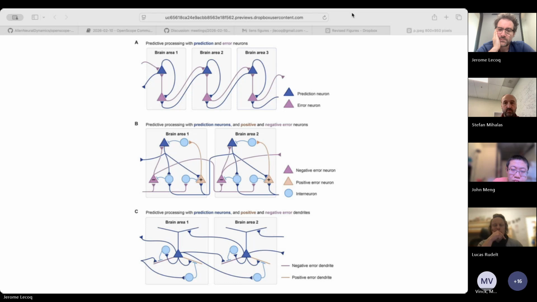I have a hard time imagining how this would work. I think the question, Stefan, is whether we need to describe all of those options in the figure or in the text, perhaps, right?